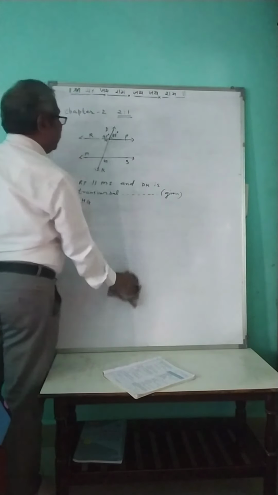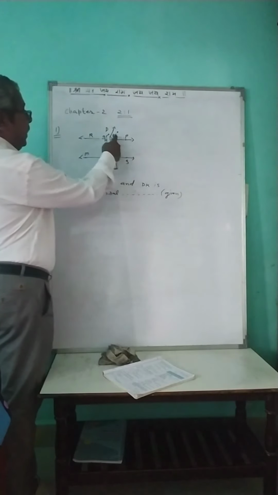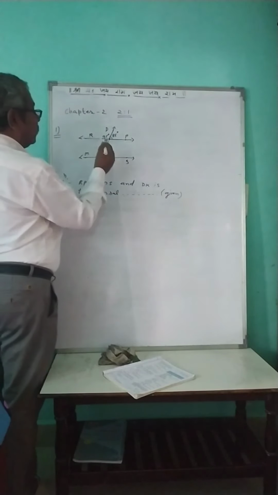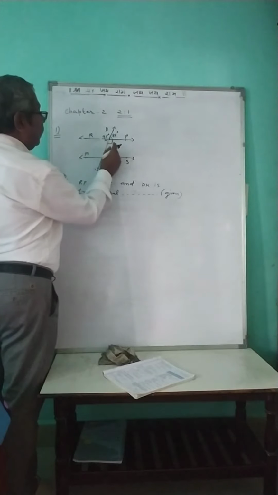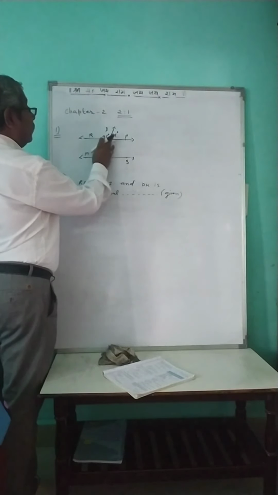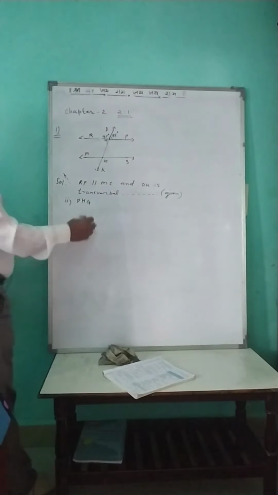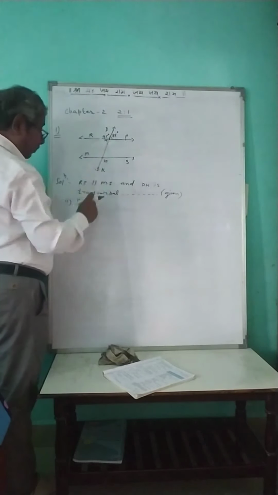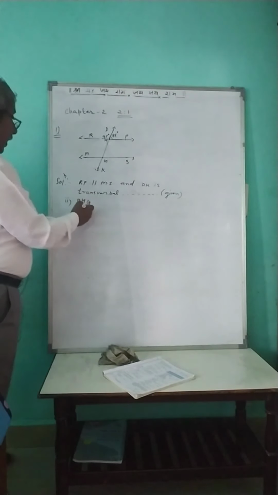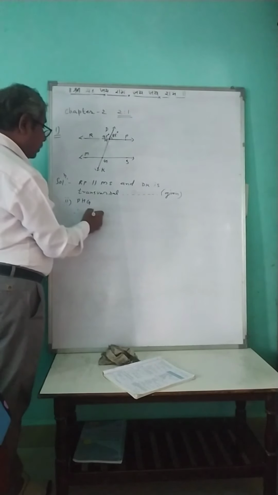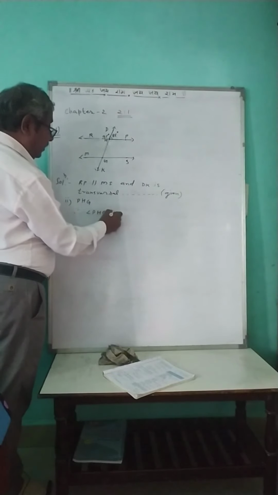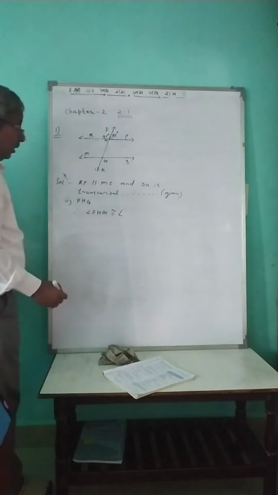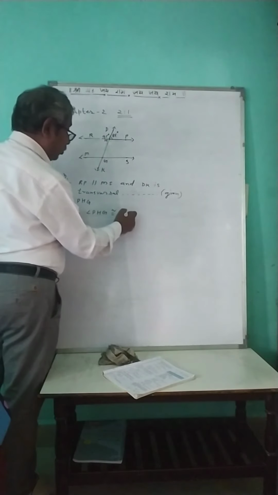Now what is PHG? See here, PHG. So this is the angle, and you know another property: RHD and PHG are opposite angles. This is the opposite angle, and opposite angles are congruent. Therefore, angle PHG is congruent to angle RHD.